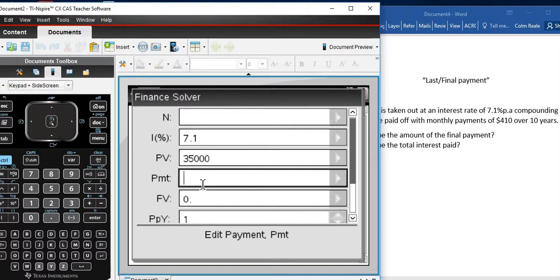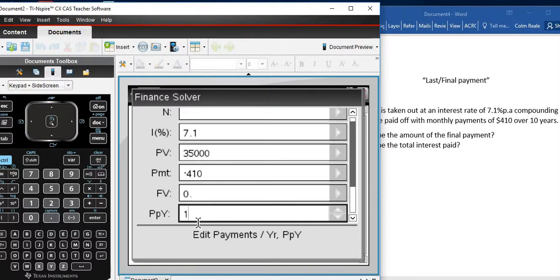We are repaying $410 every month. For the moment, I'm going to leave future value 0, because we want to pay off this loan completely. It's compounding monthly, so that's going to be 12 and 12.